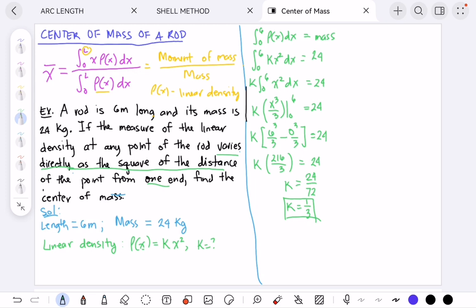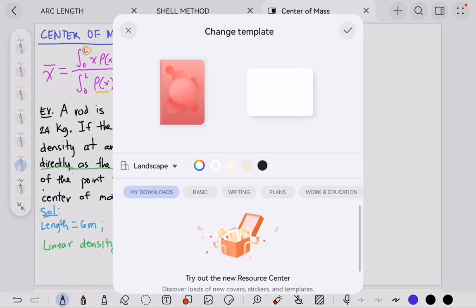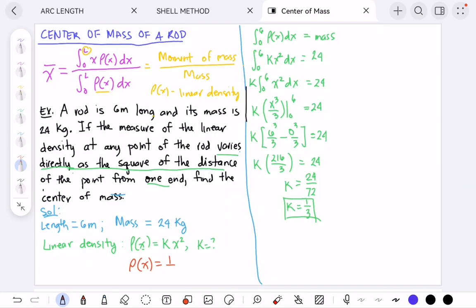Since that is my k, I already have my linear density. Therefore, rho of x is equal to 1/3 x squared. This is because k is 1/3.